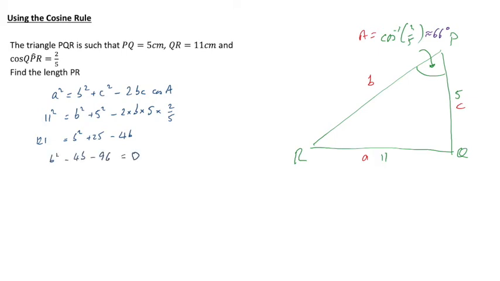So now if we put the 121 on the other side by subtraction, we're left with b squared minus 4b minus 96, which is of course 25 take away 121, and that will equal 0. So as you will already know, we need to put the quadratic equal to 0 to solve it. And now we're looking for numbers that multiply to minus 96 and add to minus 4.